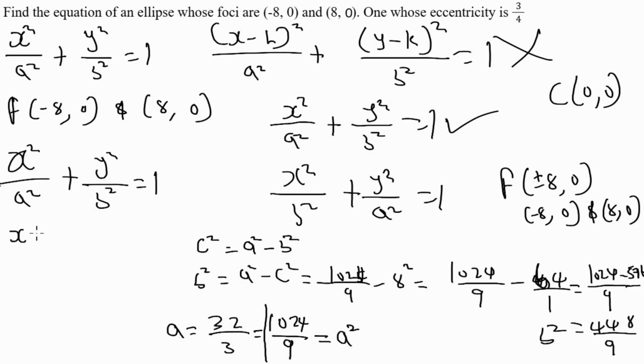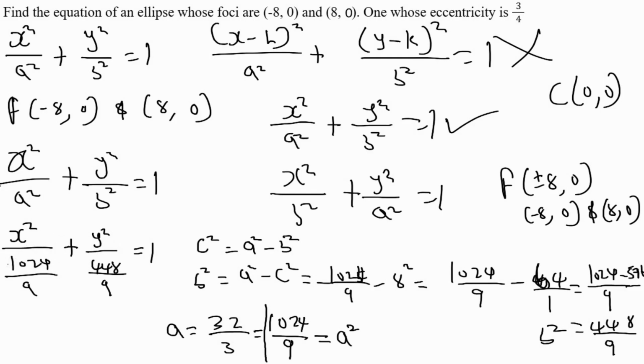So we should have x squared divided by A squared, which is 1024 divided by 9, plus y squared divided by B squared, which is 448 divided by 9, equals 1.